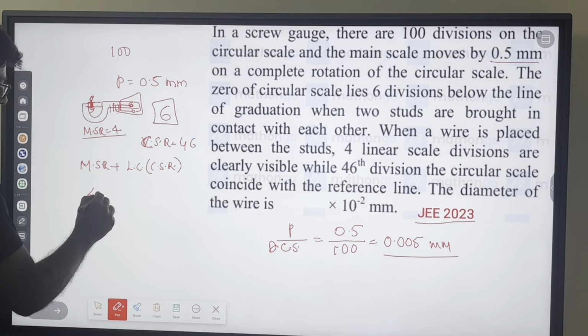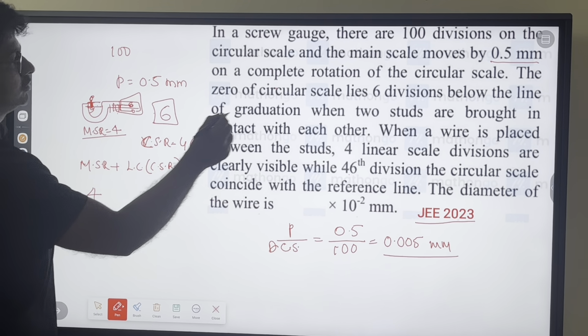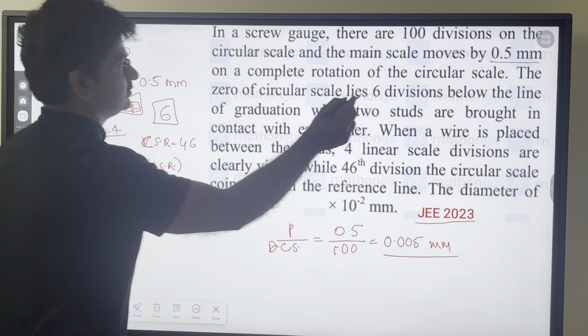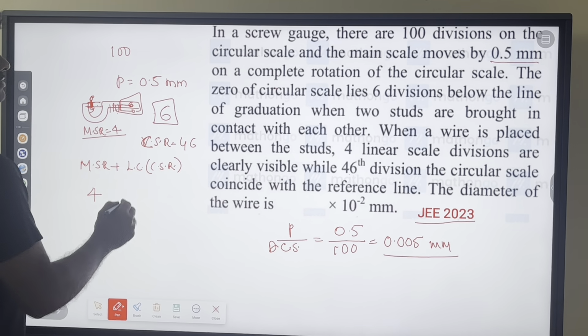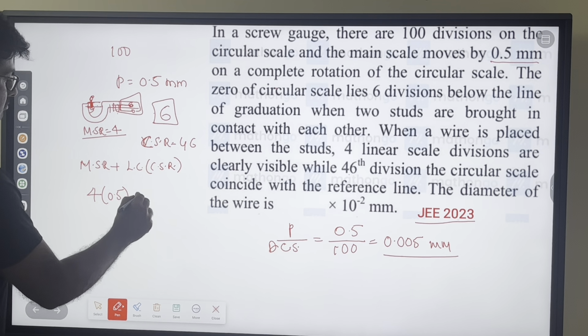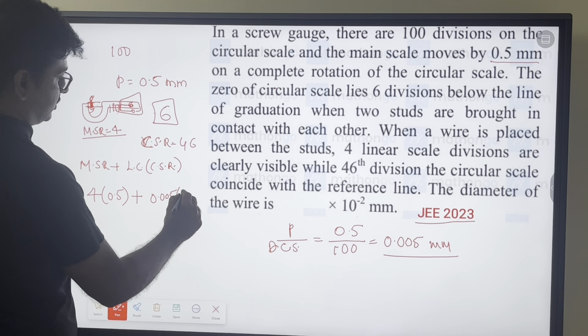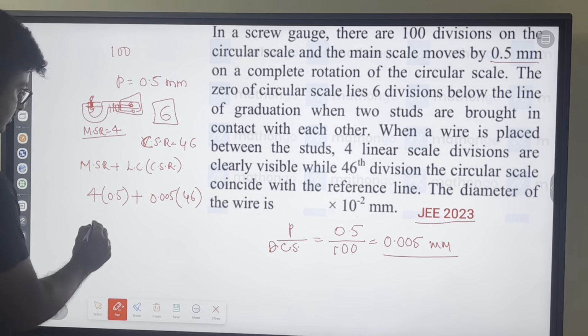So the main scale reading is 4 into what is each one? Each division is 0.5. So 4 into 0.5 plus the least count 0.005 into 46. So how much do you get?